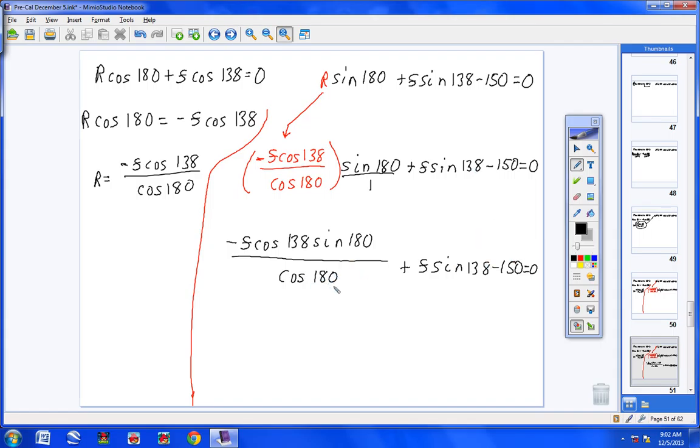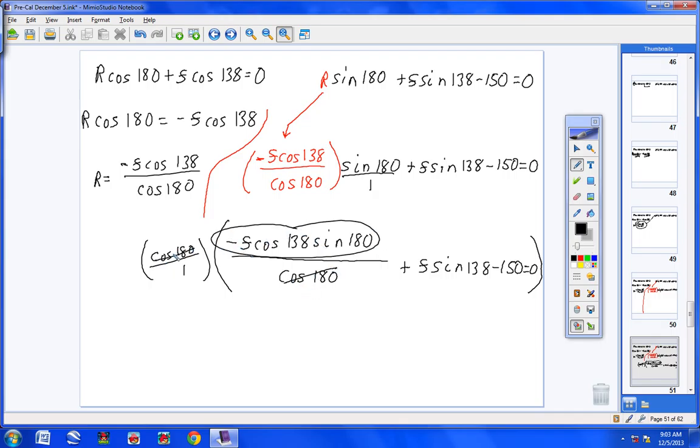Next, remember what I told you guys, I don't like having fractions. I don't like this cosine of 180. Do not like to have that cosine of 180. So I'm going to multiply every term in this entire equation by cosine of 180 over 1. If I multiply this term by cosine of 180, this would cancel with this, leaving you with just this.